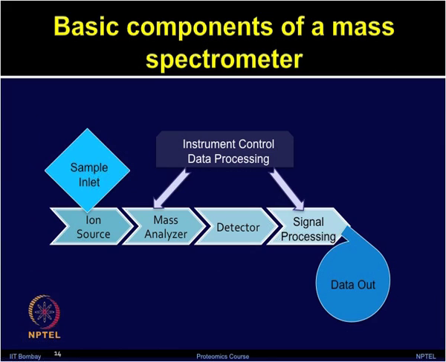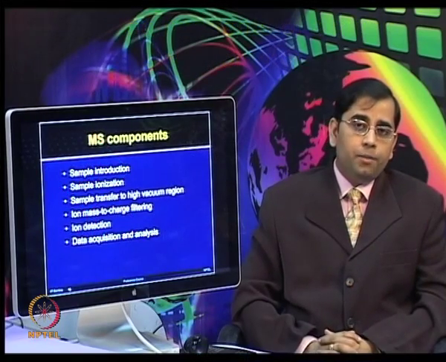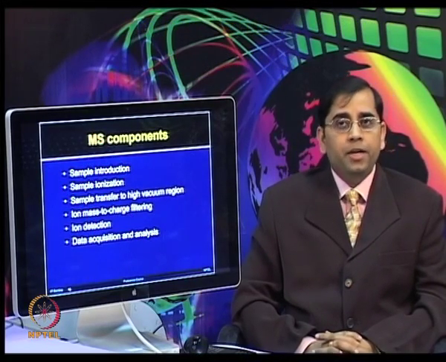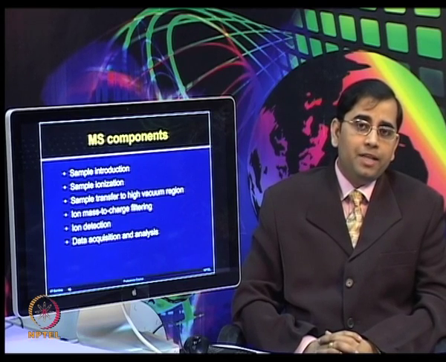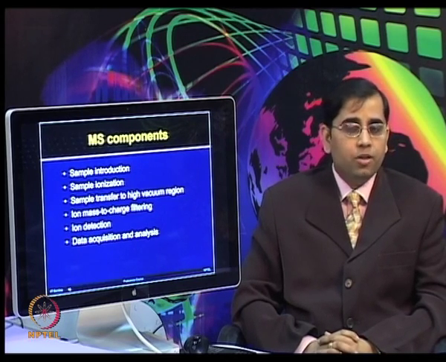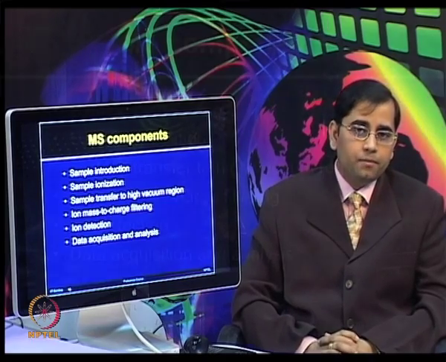So, although there are three major components involved, ionization source, mass analyzer and detector, there are some accessory components which are also equally important for doing mass spectrometry based experiments. Various components include sample introduction. One can couple that with HPLC or chip based technologies for doing the liquid chromatography based separations.